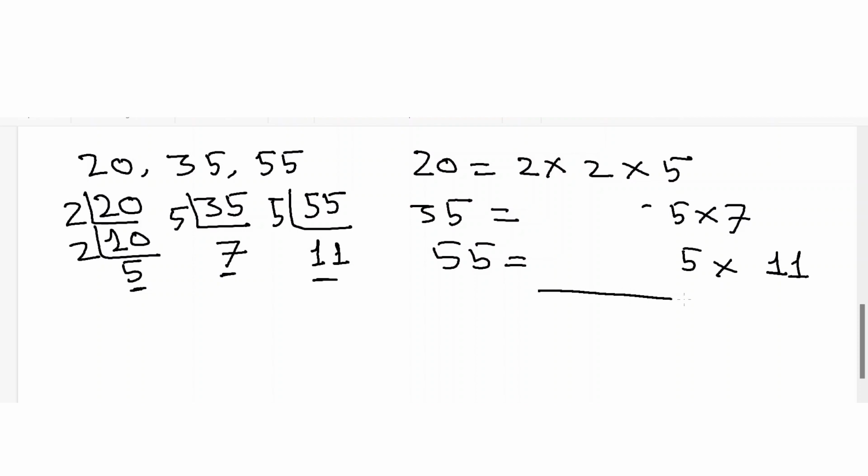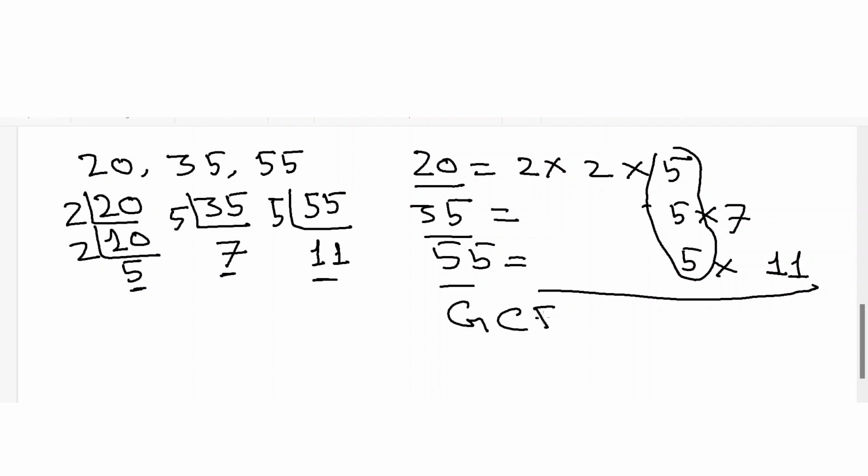So if we want to find out that factor which is common in these 3 rows, row 20, row 35, row 55, we have 5 as a common factor. So the GCF of 20, 35 and 55 is 5.